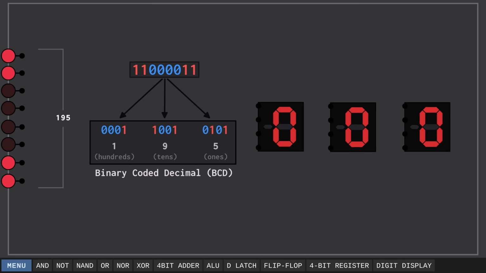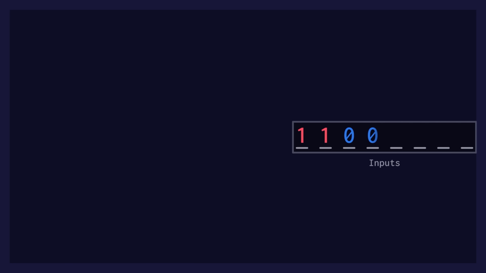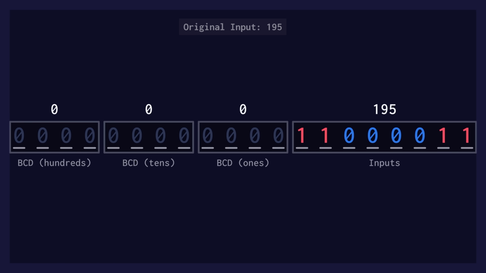Alright, I think we're finally ready to try tackling this 8-bit example we started out with. So we have 11000011 as our input, which we know is 195 in decimal. Any 8-bit number is going to have at most 3 decimal digits, so let's set up 3 BCD values over here. Then we can do our first left shift, and a second one, and a third one.